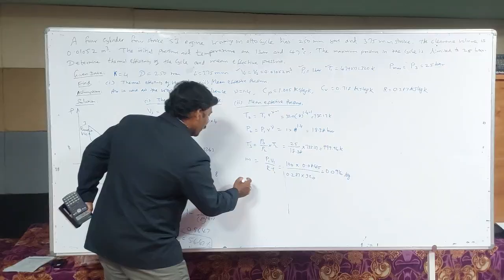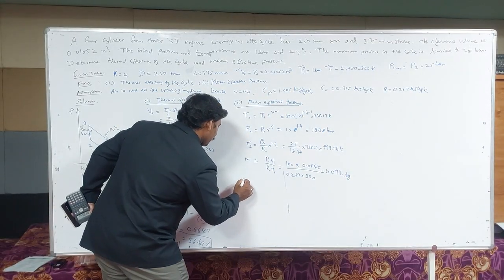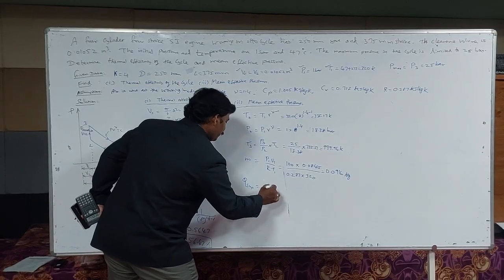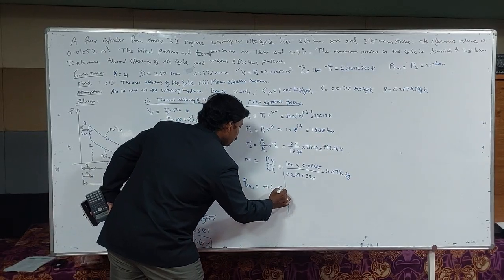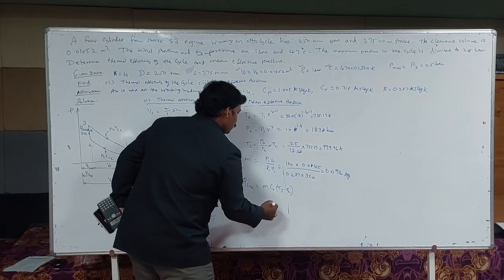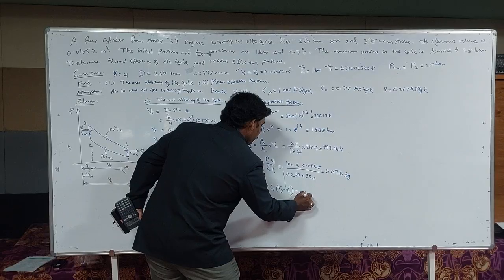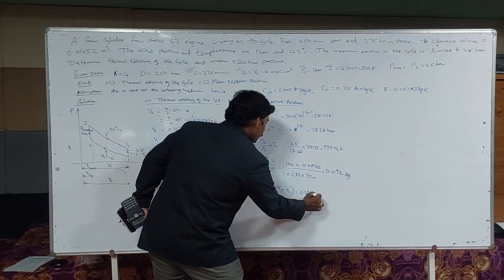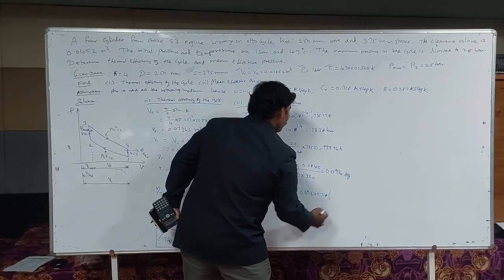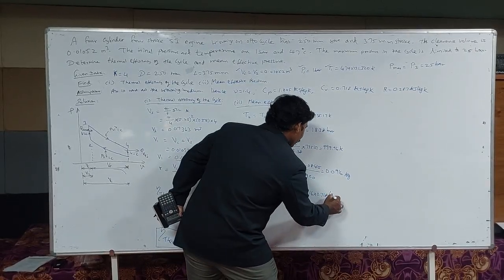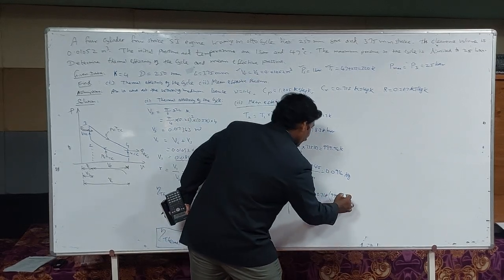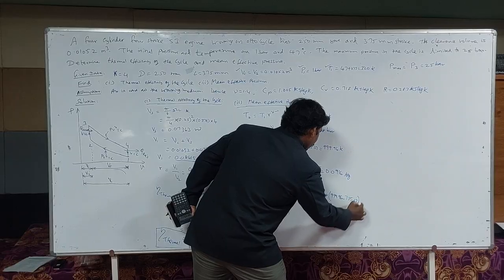Now what is the heat supplied? Heat supplied, Q, is equal to m into Cv into T3 minus T2. Mass we have found as 0.0916, Cv is 0.718 kilojoule per kilogram Kelvin, T3 we found as 999.96, and T2 is 735.17.